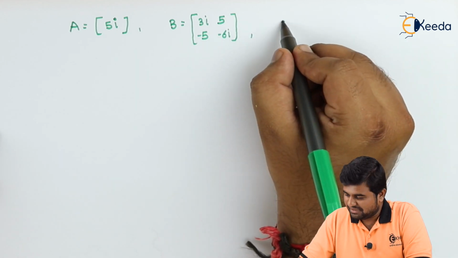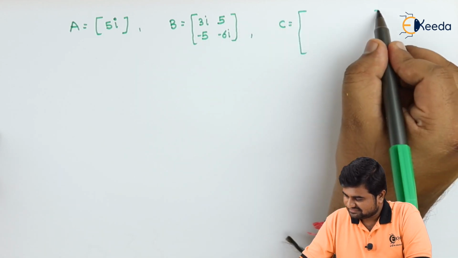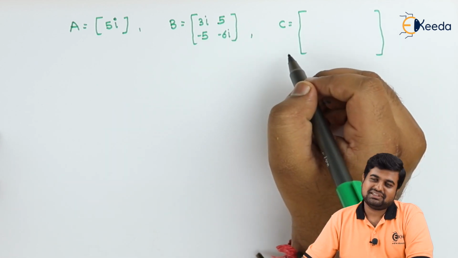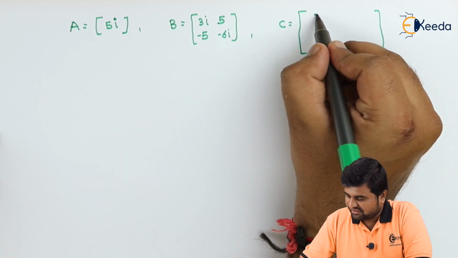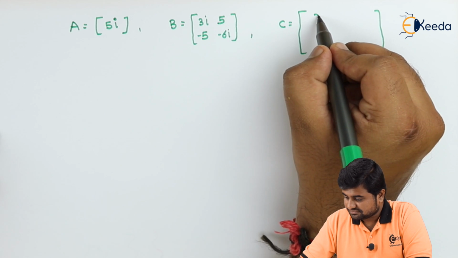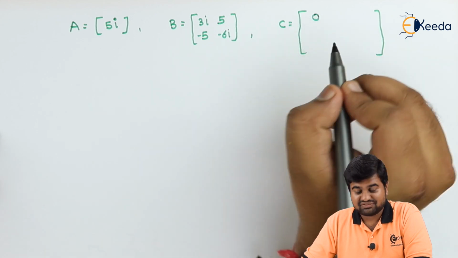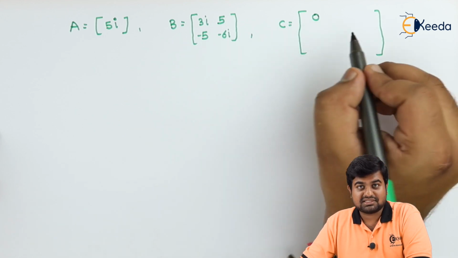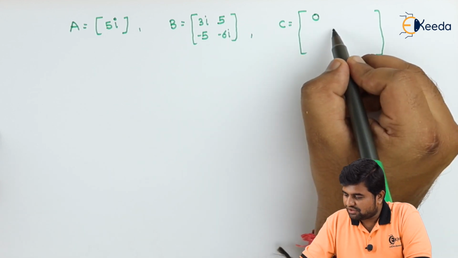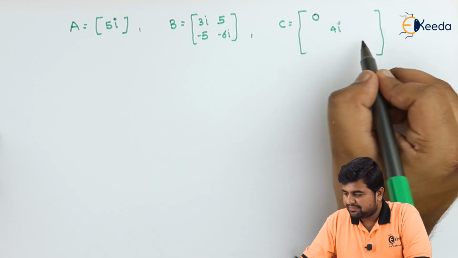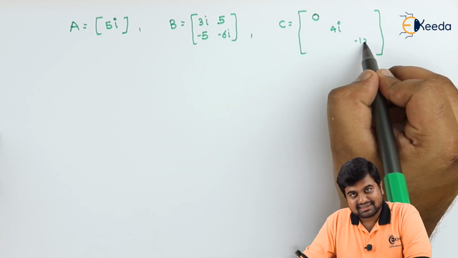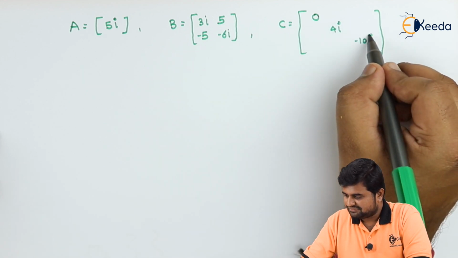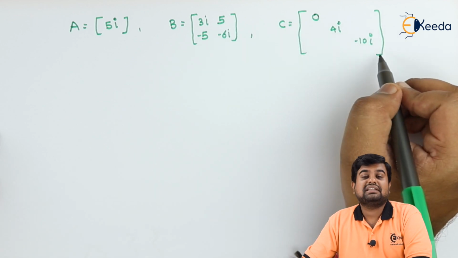While constructing a 3 by 3, all the diagonal elements have to be imaginary. So we can have 0, because this is also imaginary, 0 plus 0i. And also we have 4i, minus 10i. This is how the diagonal elements will look.